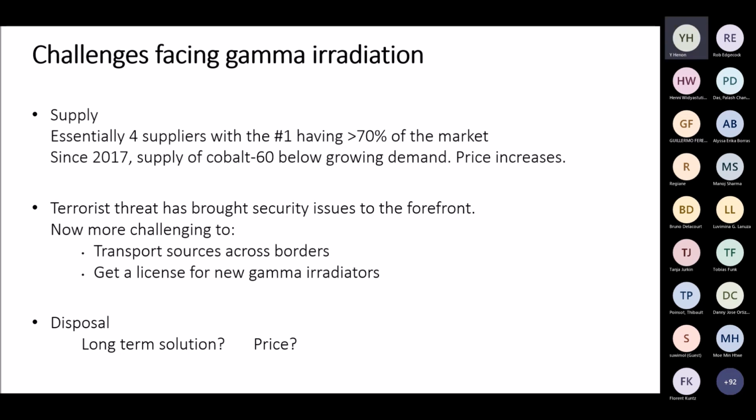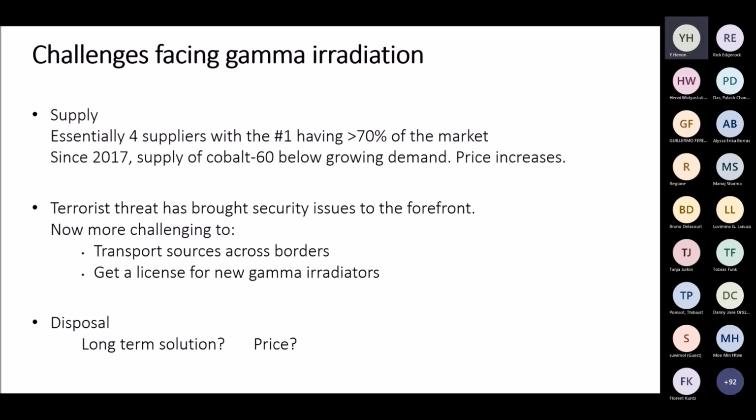The terrorist threat also makes it more complicated than before to transport sources or to get a license for new gamma irradiators in different countries. And finally, there is the issue of disposal, which is a bit unclear, though let's put the problem in perspective.